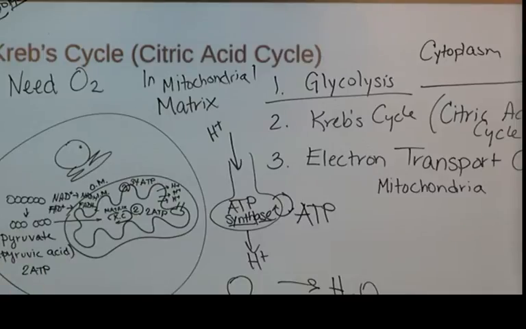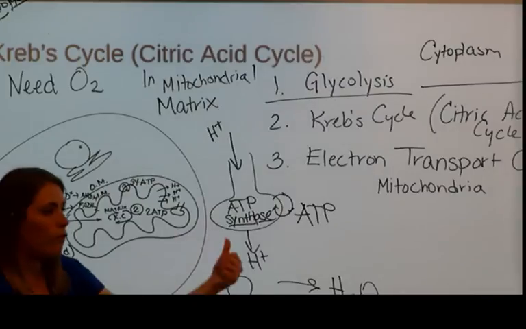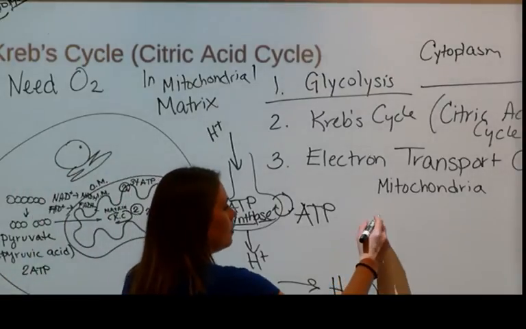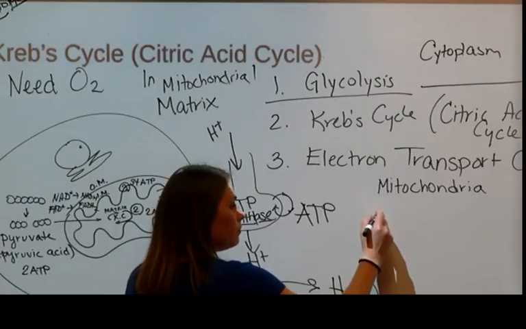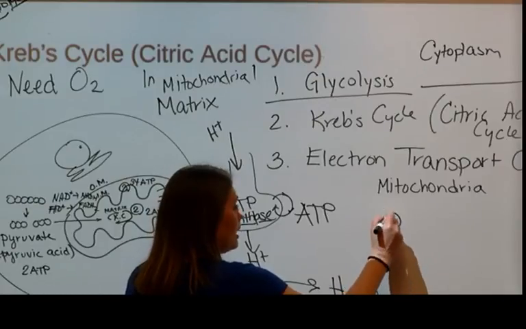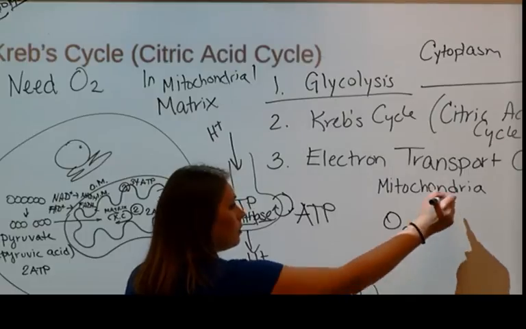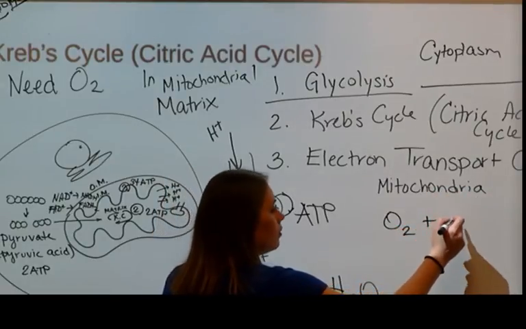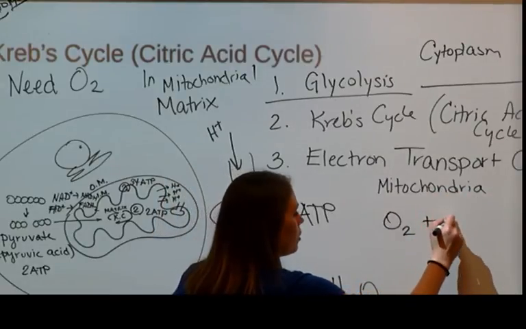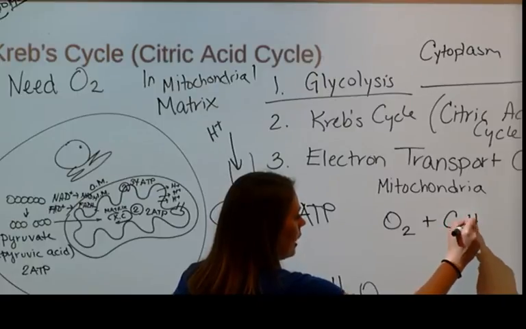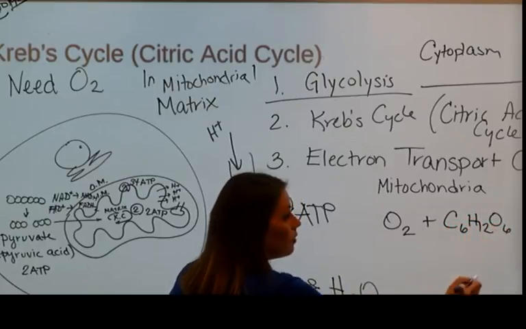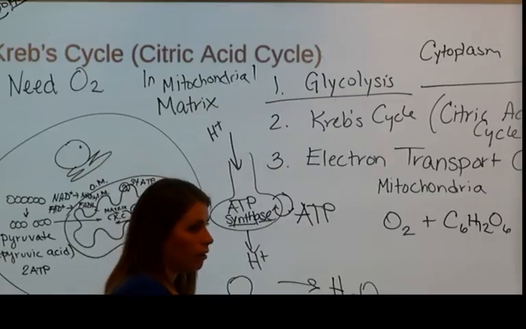What else is going in? What's coming out? Because that's really the most important part about knowing cellular respiration. So first thing we said goes in is oxygen, great, and glucose. So we're starting with glucose, our C6, our H12, our O6. That's what we're starting with.